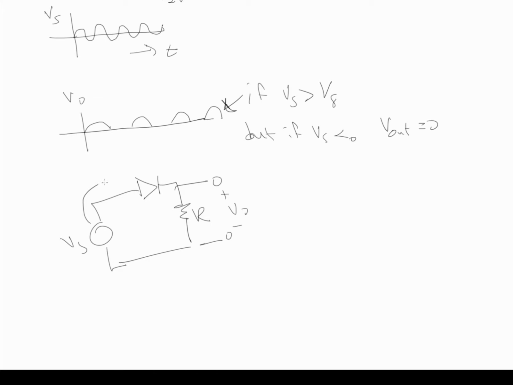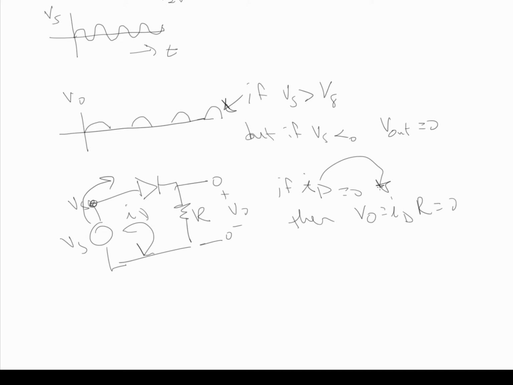So anytime our Vs, and that's this point right here, is less than V gamma, then the diode's non-conducting, and so we're not going to have any current. And so if ID, which is going around here, is equal to 0, then V out, which is equal to ID times R, is going to equal 0.